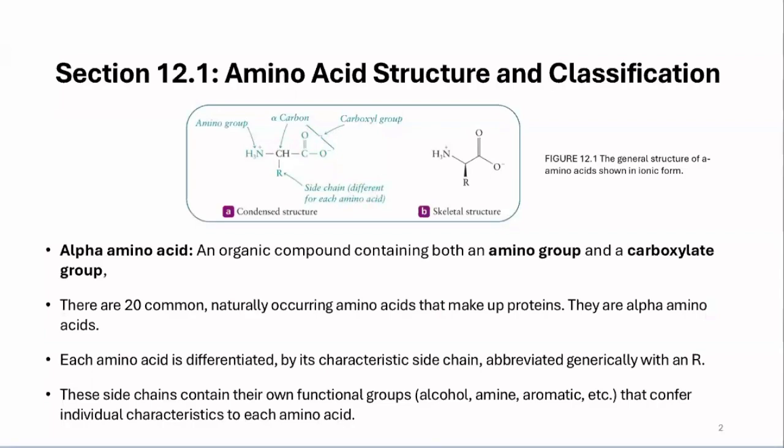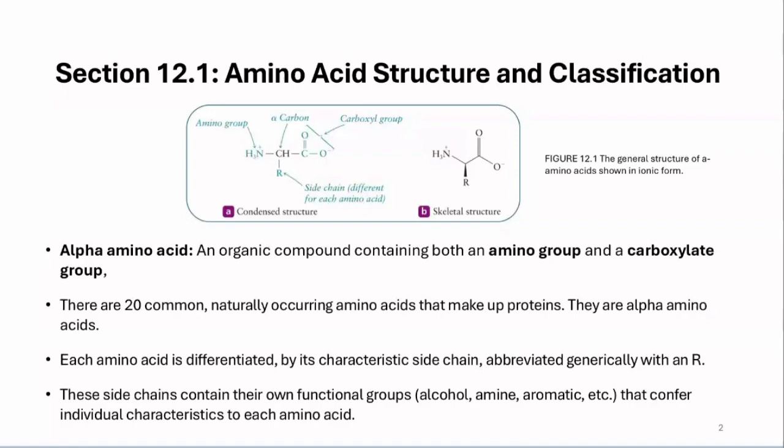We call them alpha amino acids because the carbon that we have here, in the case of the general structure that we see in figure 12.1, is a carbon with a hydrogen and everything that is surrounding it. So in general, we just call it the alpha carbon as a symbolism for focusing on that carbon atom.